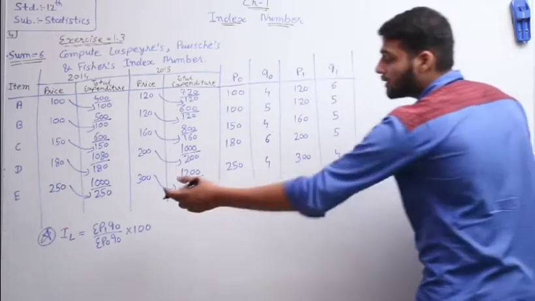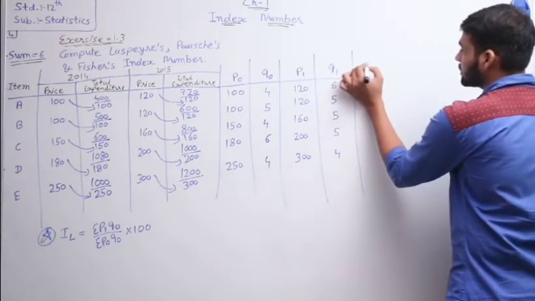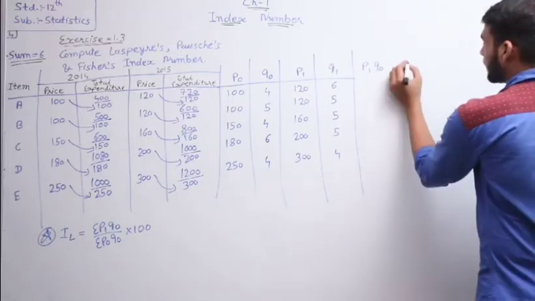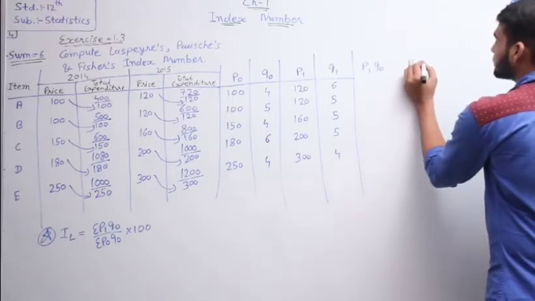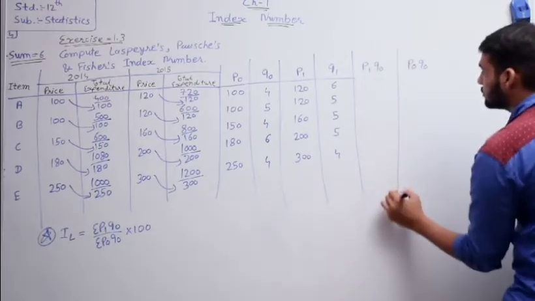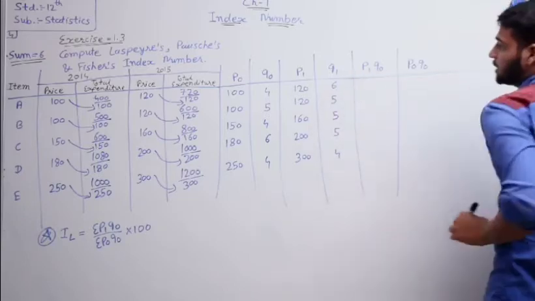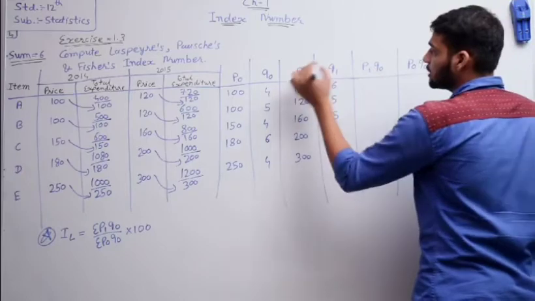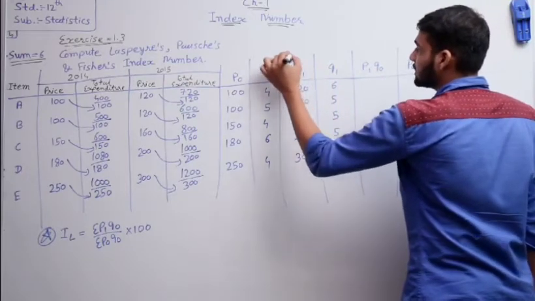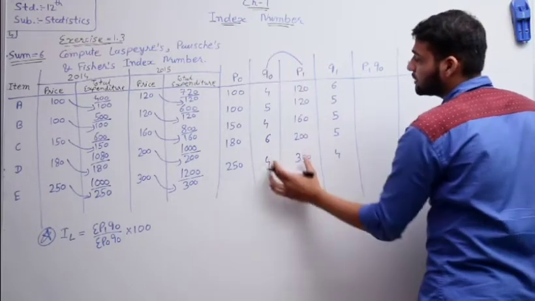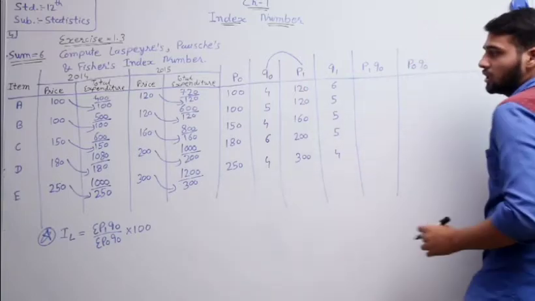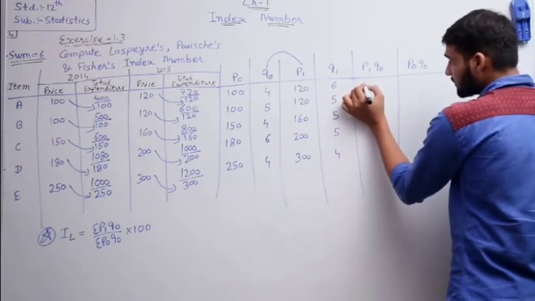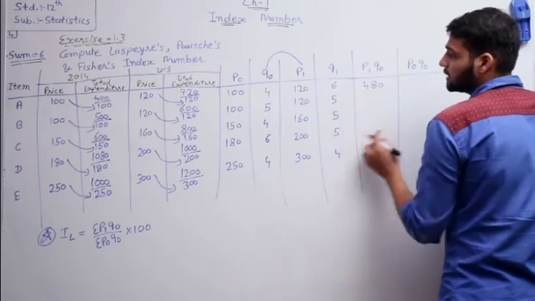So now we require the P1 Q0 column and the P0 Q0 column. How do we find this column? P1 multiplied by Q0, multiplication of both columns. So 4 multiplied by 120, so the answer is 480.